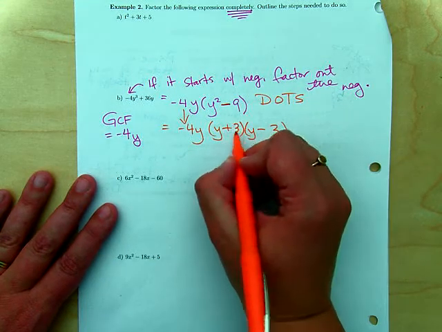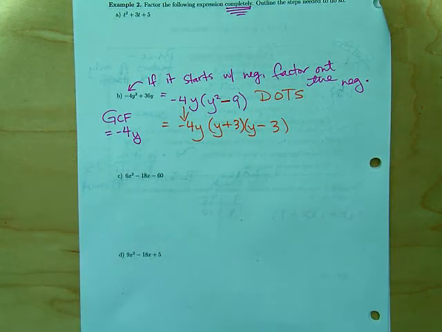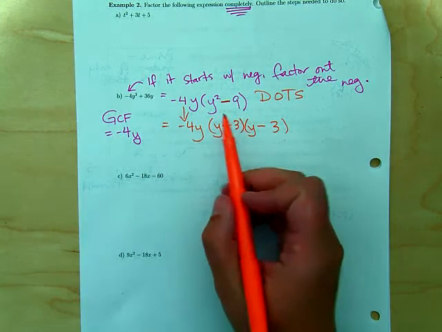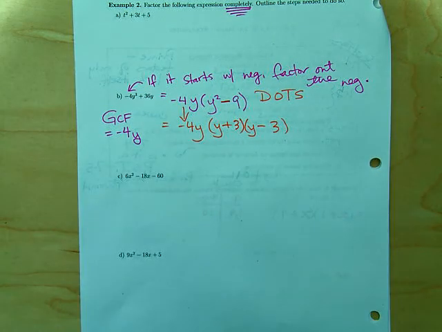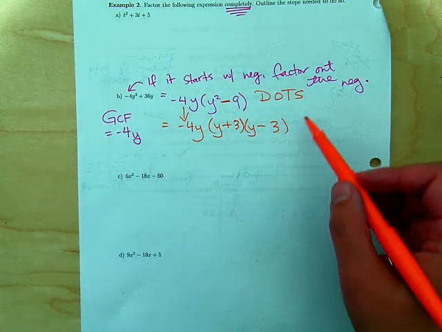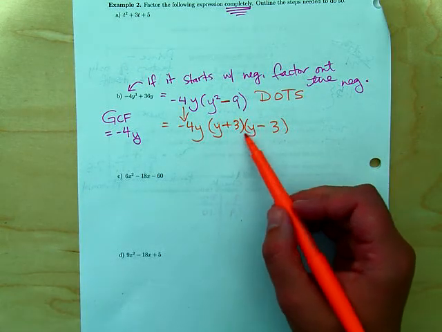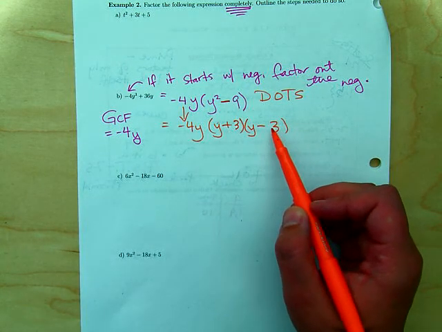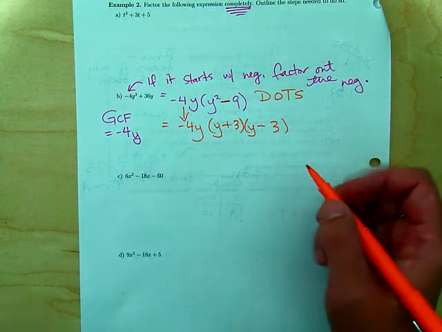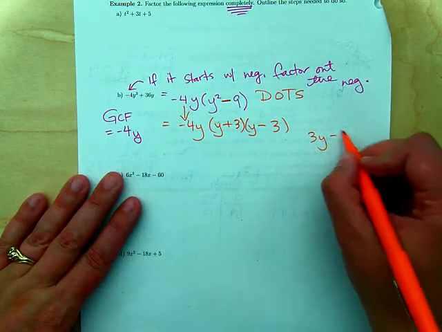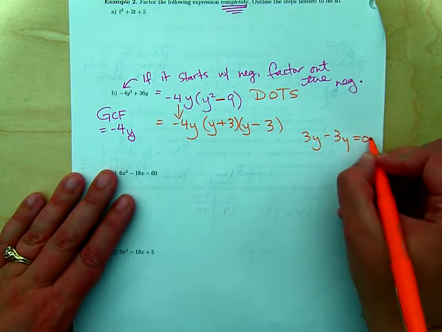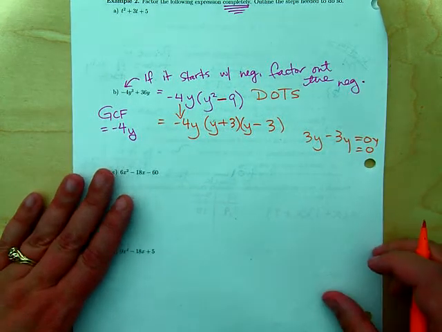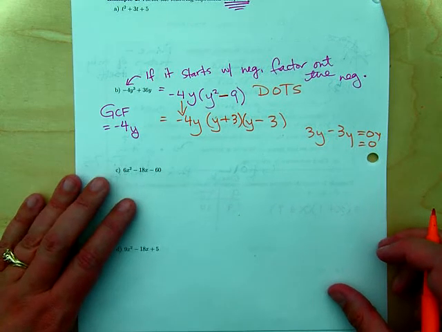Why are the signs exact opposites of each other? Right, so that you can have a negative here, but also what happens to your middle term, your outside, inside? Yes, because you get positive 3y, negative 3y. If you had positive 3y minus 3y, how many y's would you have? 0 y's, which is the same thing as 0, right? 0 times y is 0.